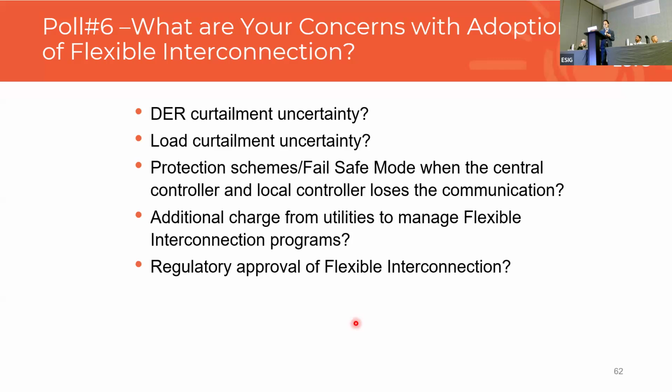So my question here is, will you be concerned about an additional charge from the utility to manage the flex interconnection program? If you are, raise your hand. Okay, decent amount of interest.